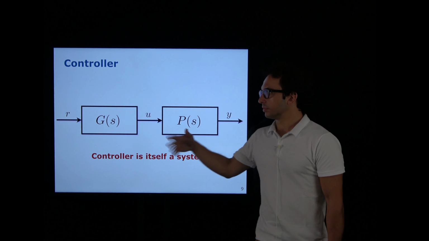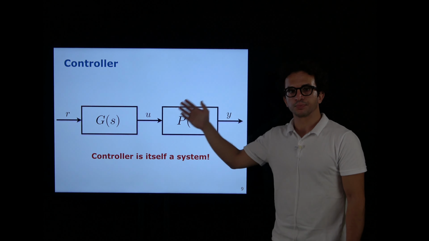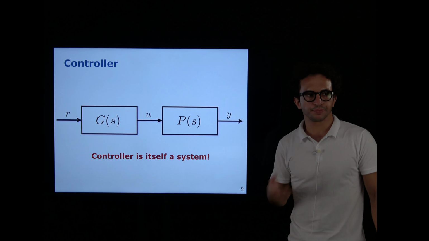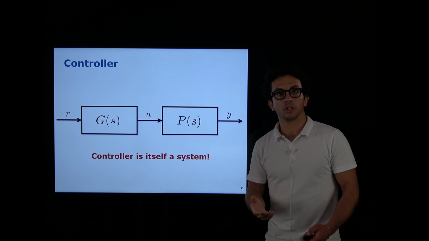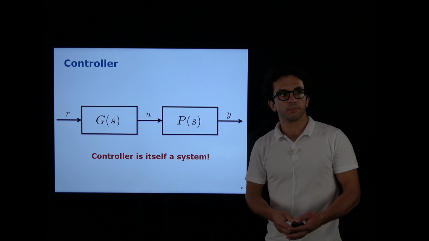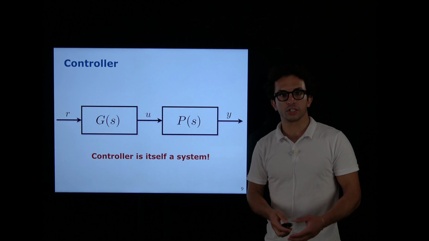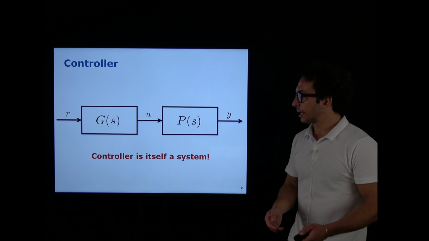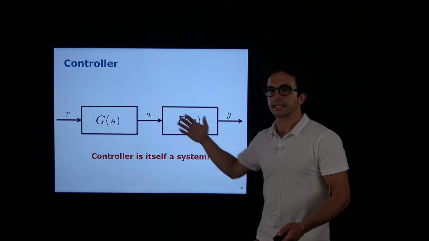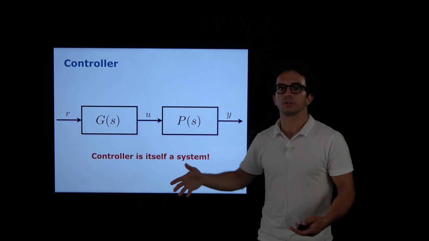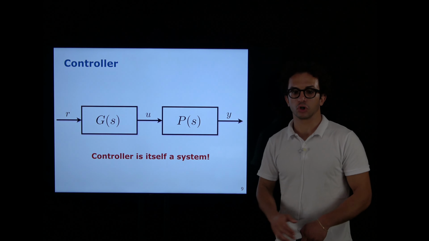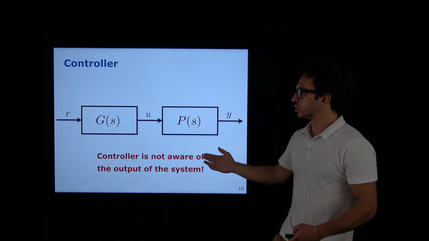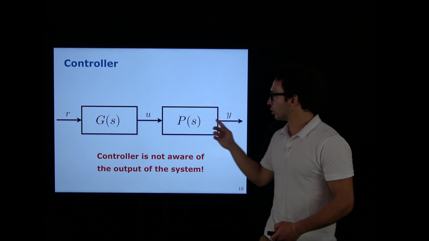Now, there is a problem in this block scheme here, because we said that we want the process to behave in a certain way, so to follow a desired reference. And this happens thanks to the input that we're giving, and the input is computed by the controller. But in this case, the controller is actually not aware of what's going on here.